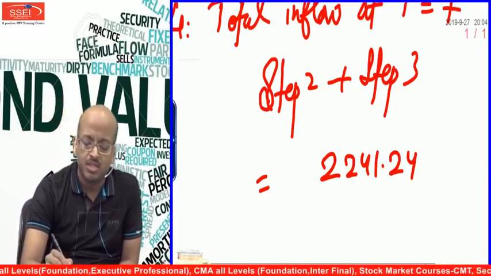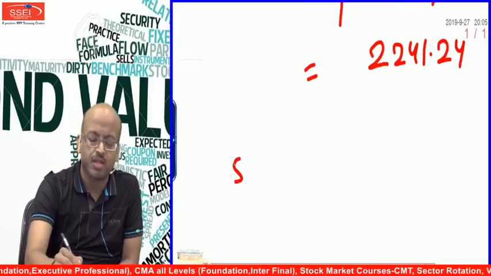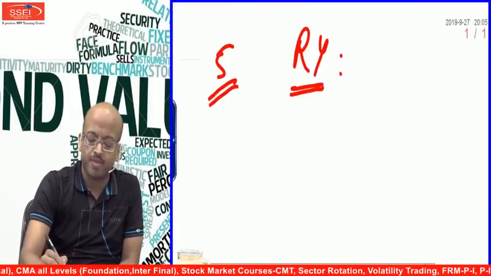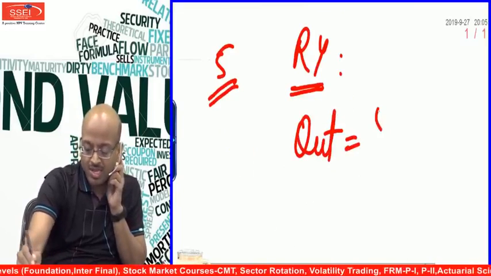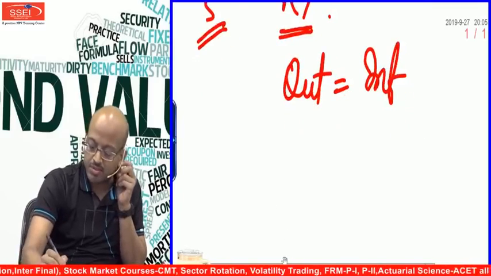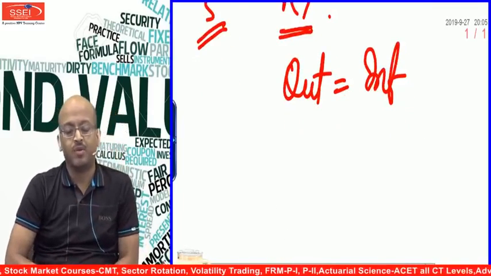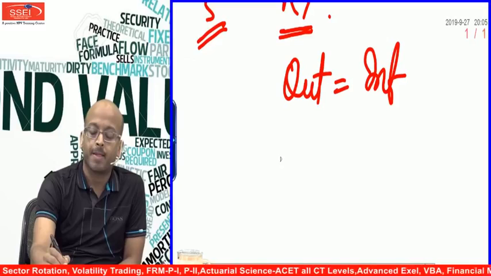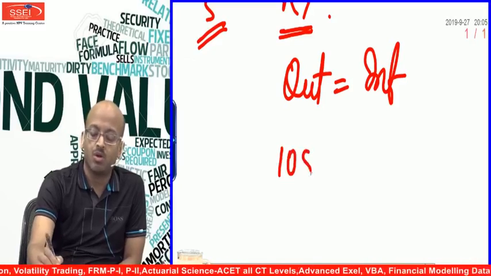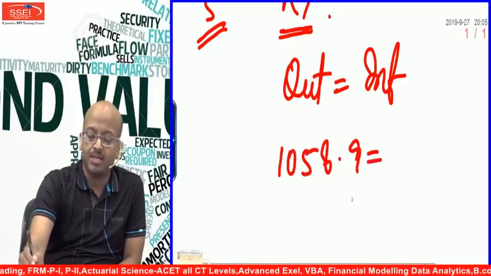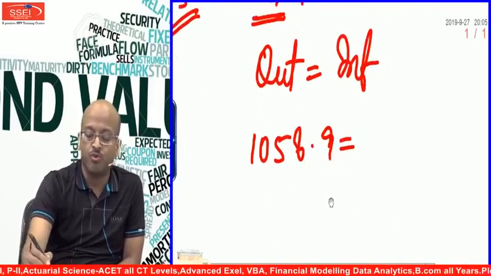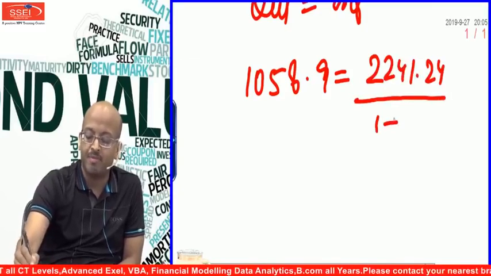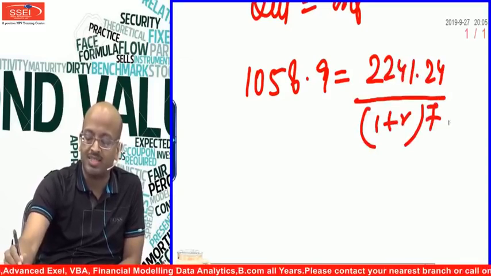Step 5. Realized yield. Outflow equal to inflow. What was the outflow? 1058.9 equal to 2241.24 divided by (1 plus r) to the power what? 7.